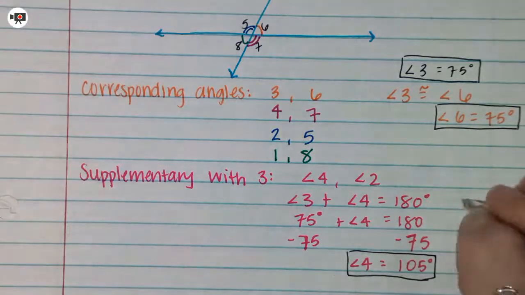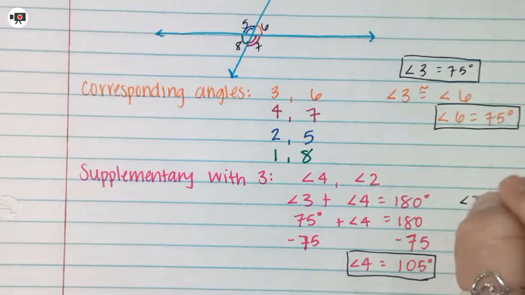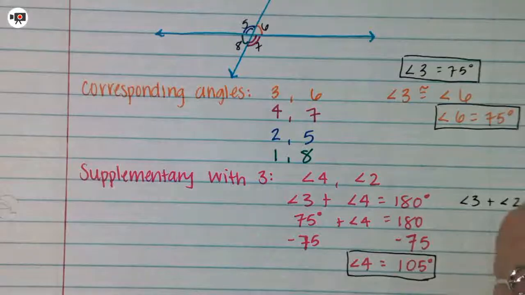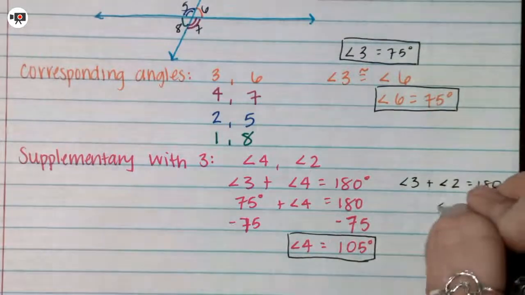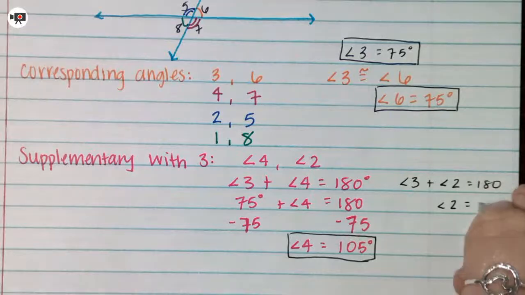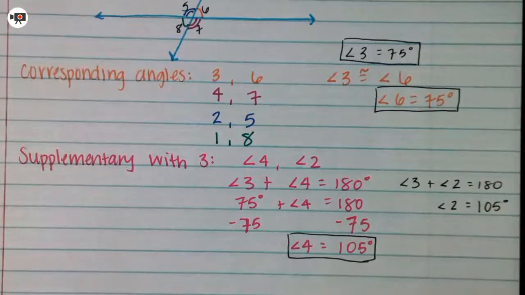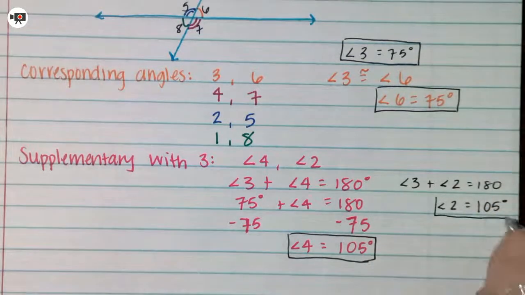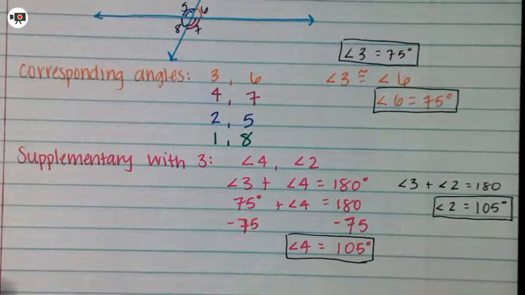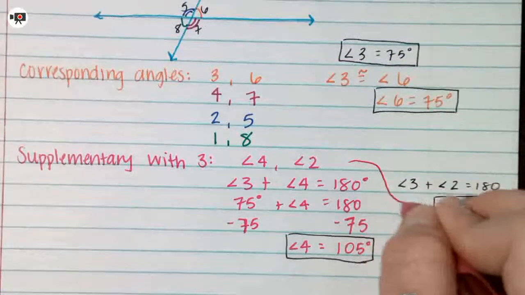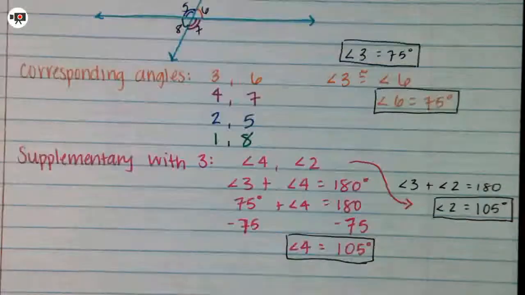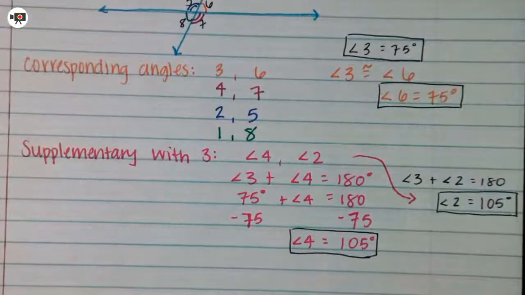And then I will have angle 3 plus angle 2 equals 180. And then we'll get to angle 2 also equals 105 degrees. If I follow the same process as angle 4, angle 2 is 105.